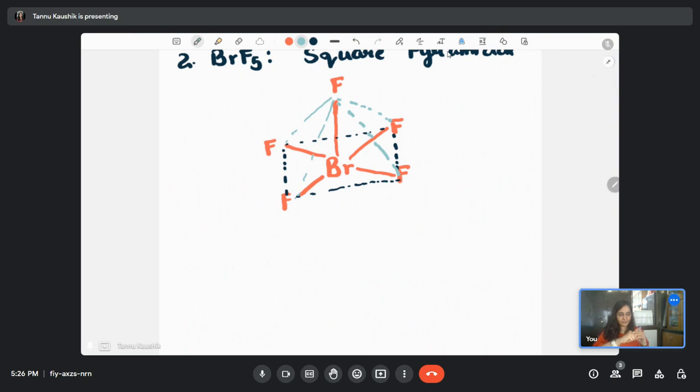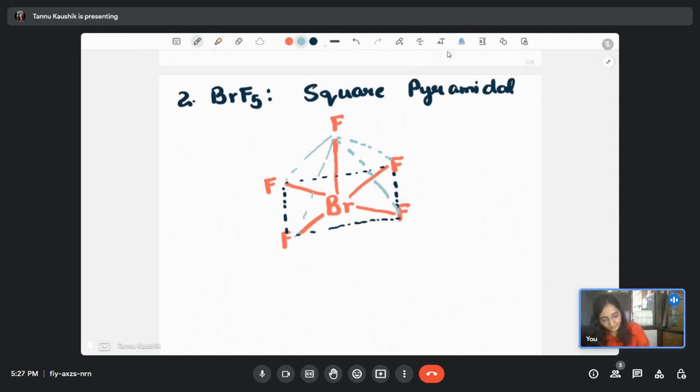Like this. So this is bromine. We have 4 fluorines, two in front of you and two in the back of this bromine. So we can represent it like this also.